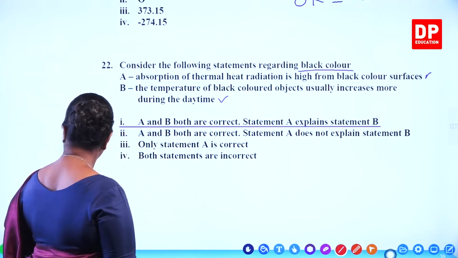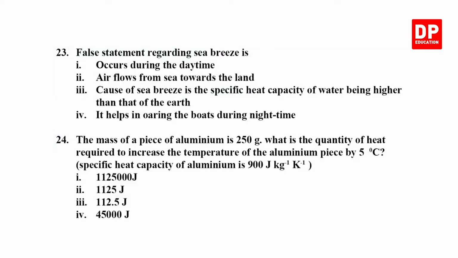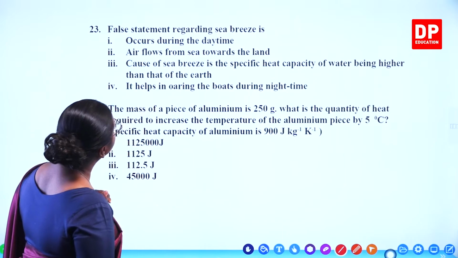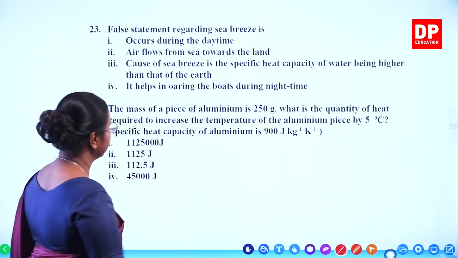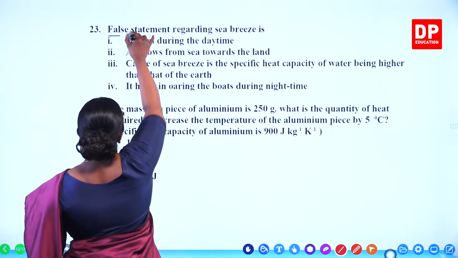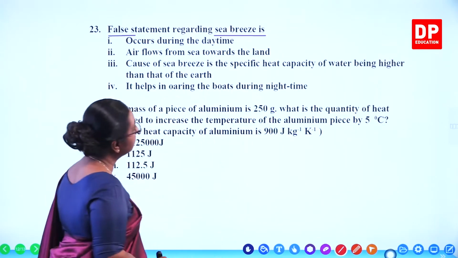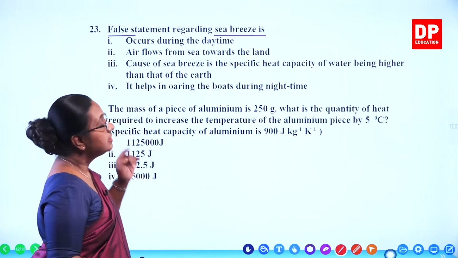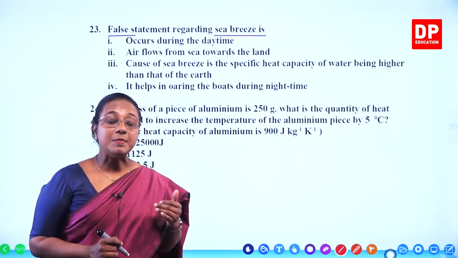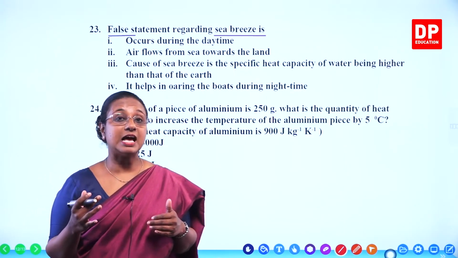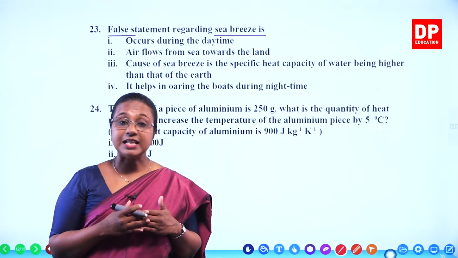With that, students, we will move on to the next question. False statement regarding sea breeze. So, here it is the false statement that you need to select, and that also regarding sea breeze. Normally during the daytime what happens?